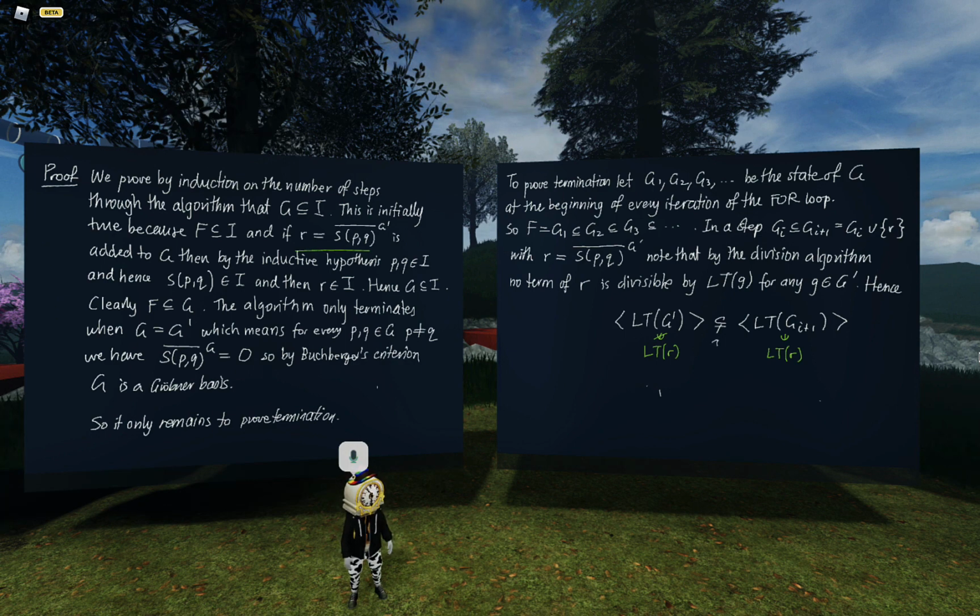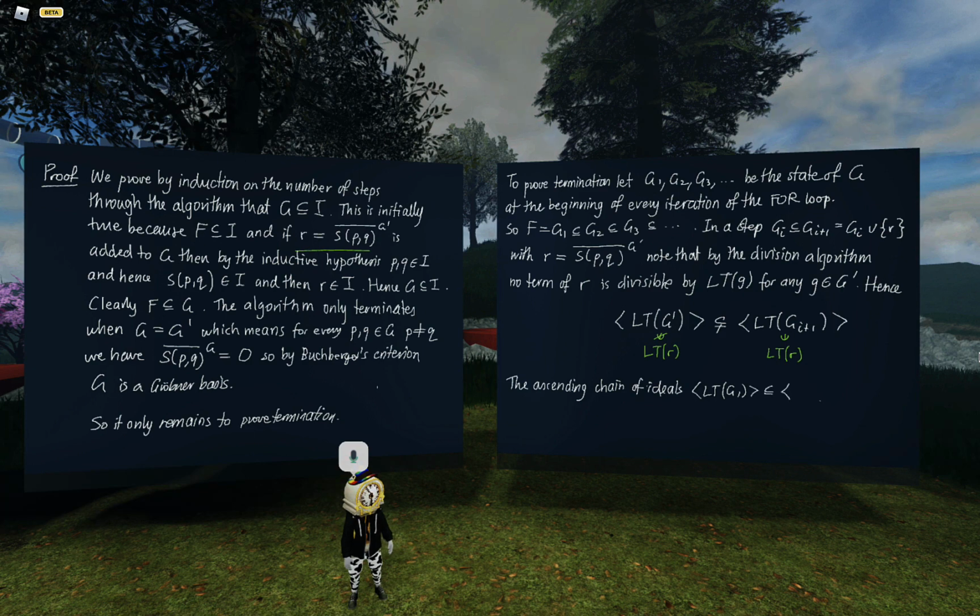But the point is that we have this proper inclusion, and we have a proper inclusion every time the algorithm adds anything to G. So if we look at this chain of ideals, by the ascending chain condition, that is, all ascending chains of ideals in a polynomial ring over a field eventually stabilize.